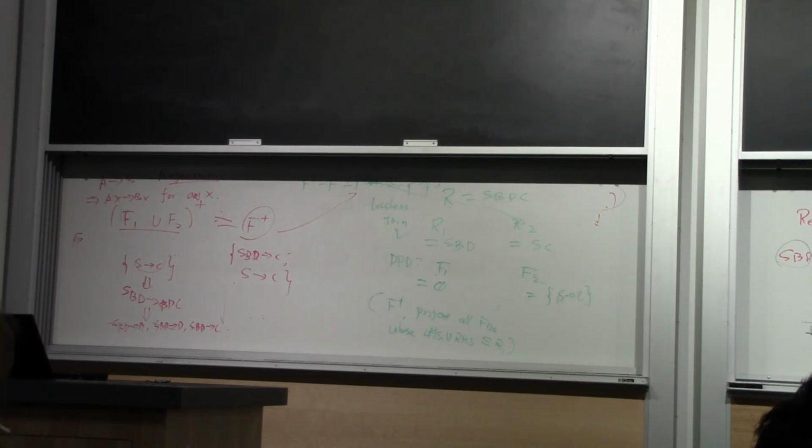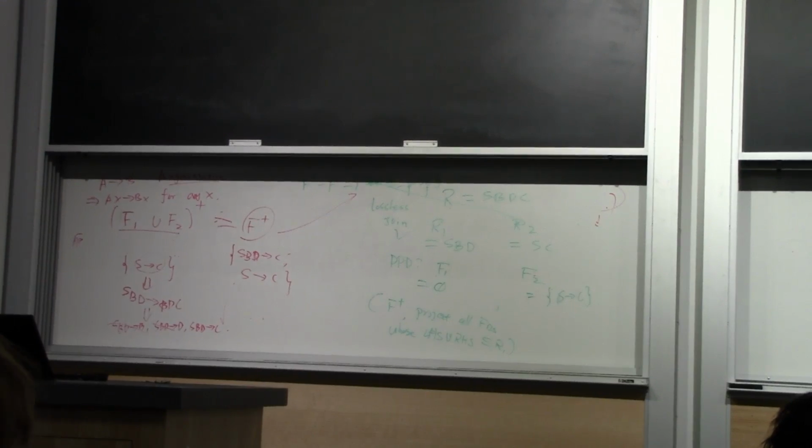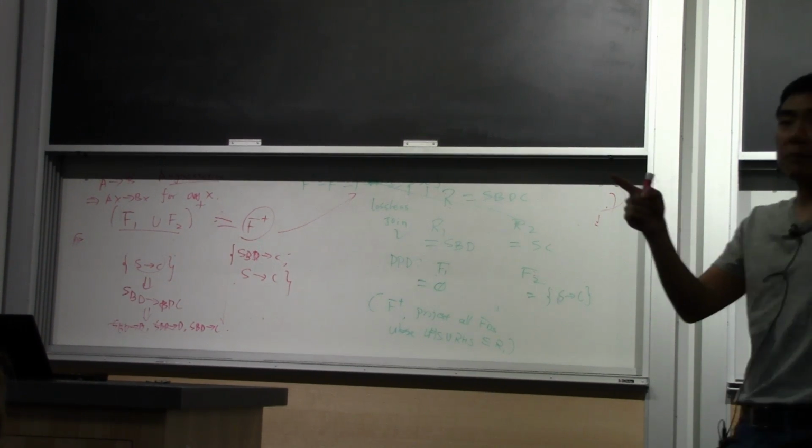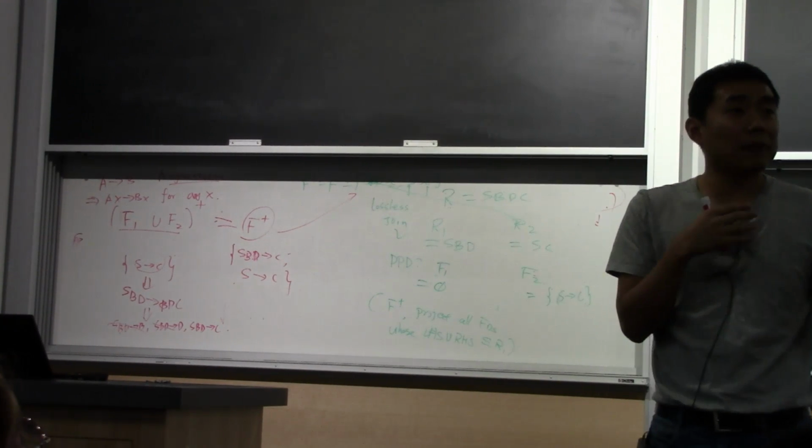Yes, you do need to add another functional dependency, which is C implies S. Once you know the credit card, you know which person it belongs to, because no two persons can have the same credit card.